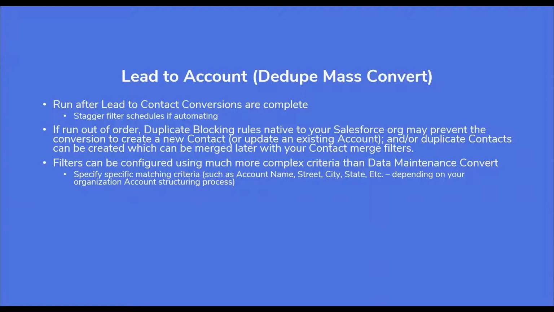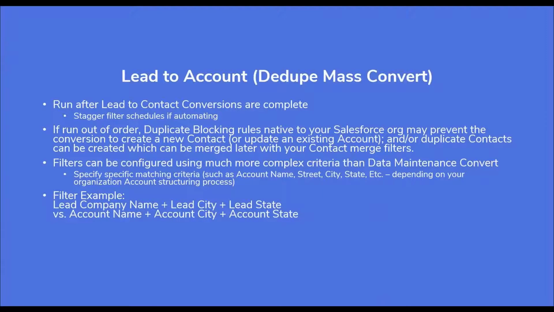Street, city, state, those additional field criteria could make a huge difference in where the contact should reside. So if you need that more complex criteria rather than just the account name match, you would definitely want to use the lead to account dedupe filter to do your conversion, rather than the data maintenance convert.